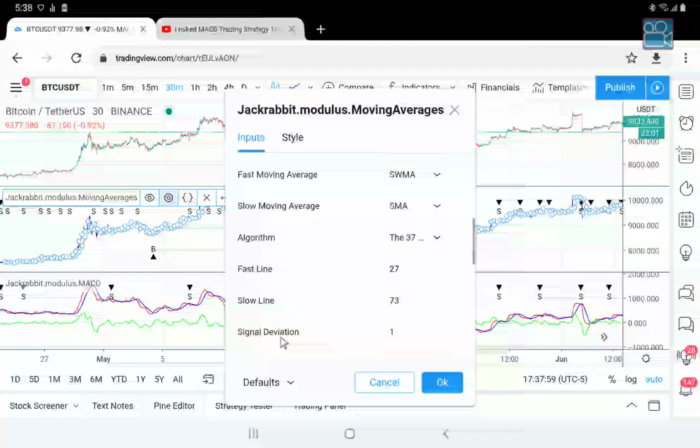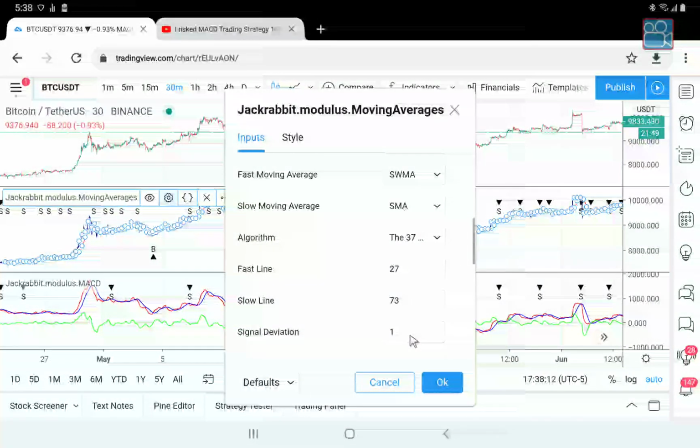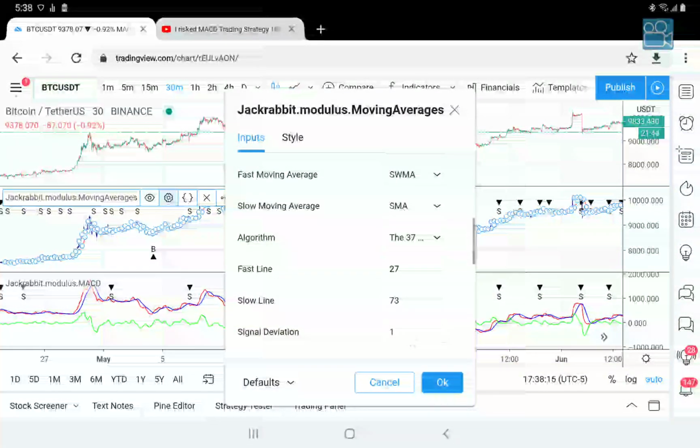Put your signal deviation to 1. You now have your moving average set up as I have on this chart. So I'm going to leave this here for a few seconds. Be sure to pause the video, write these settings down, so forth if you want to use this method.